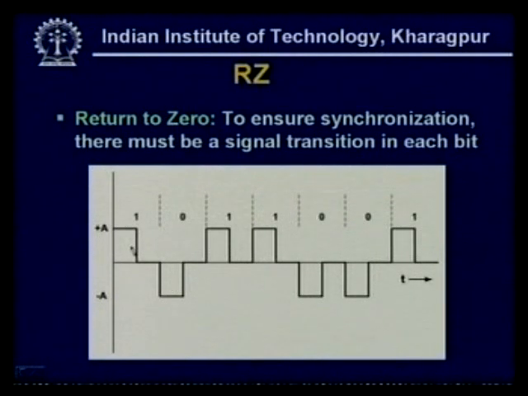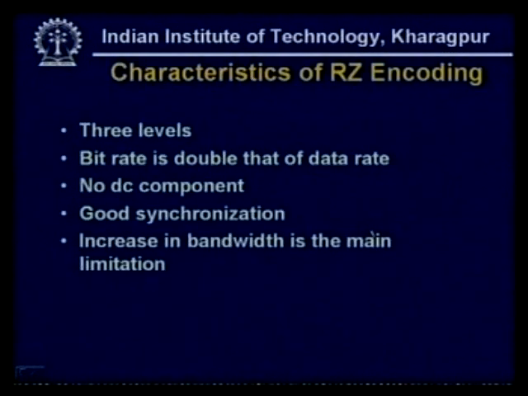So if you have long sequences of 0 or long sequences of 1, you will not face any difficulty because the number of transitions is quite large, and as a result it is very good for synchronization. However, it uses 3 levels of encoding. So it is possible to have log 2 3, that the information content can be more, but unfortunately you are encoding only 2 data.